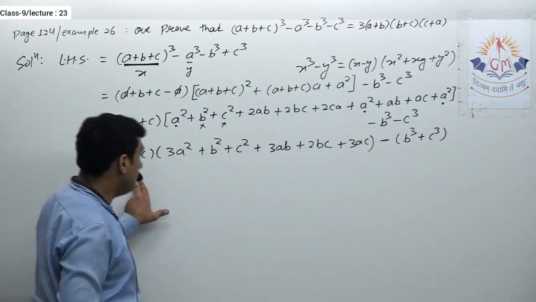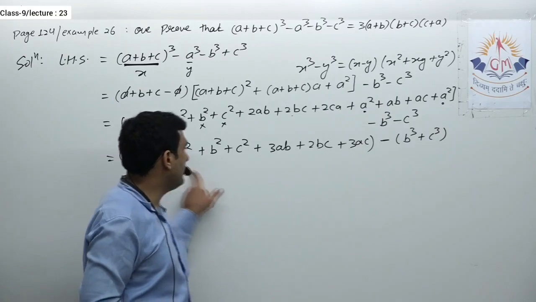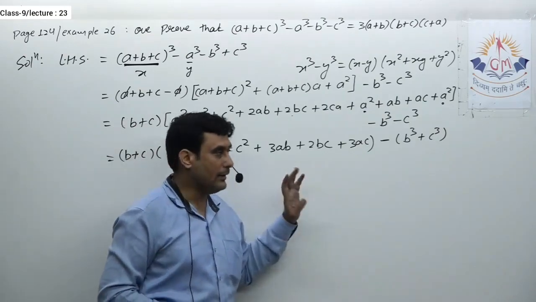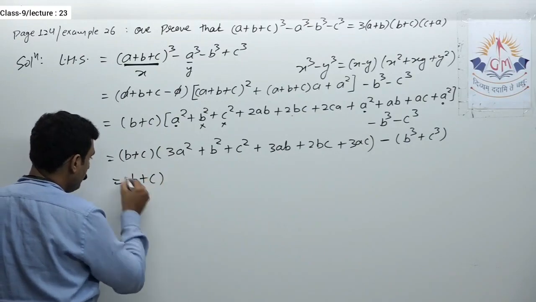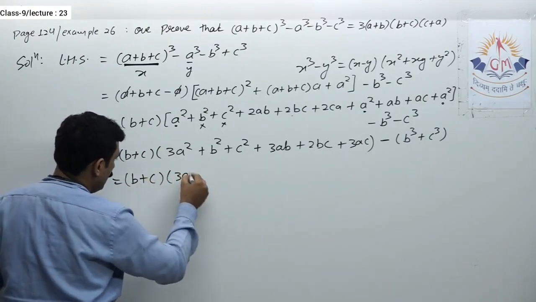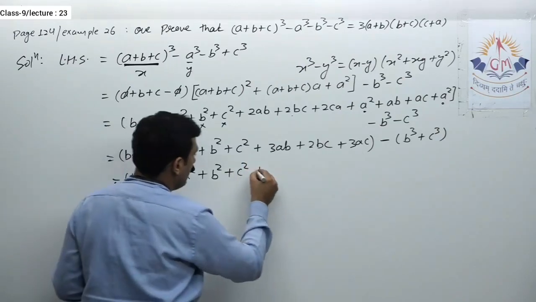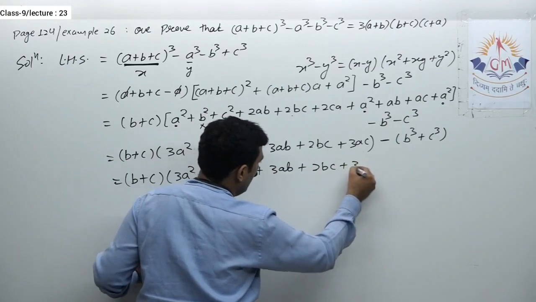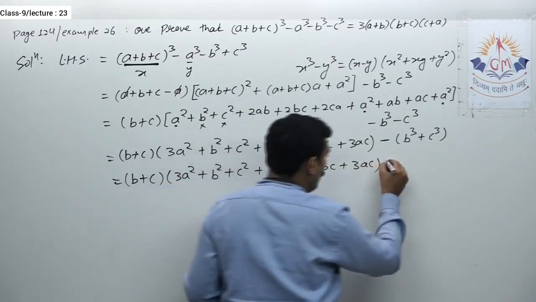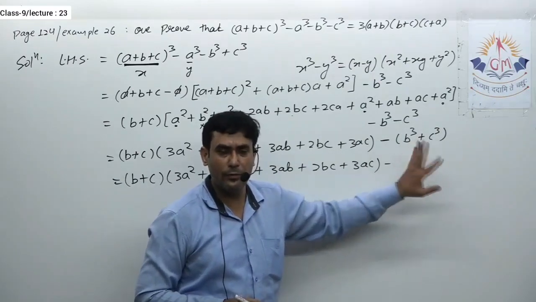Definitely one thing can be done, that if I multiply term to term, that is one way, but I have a better option. If I write this as it is, 3a square plus b square plus c square plus 3ab plus 2bc plus 3ac, now over here I apply the identity of b cube plus c cube, that means x cube plus y cube.